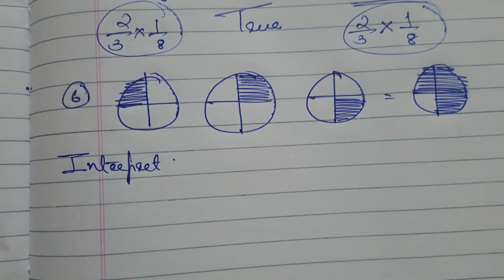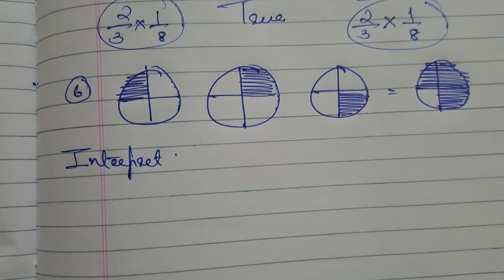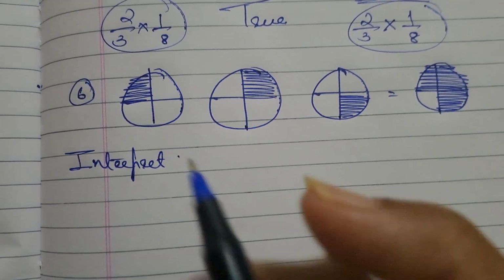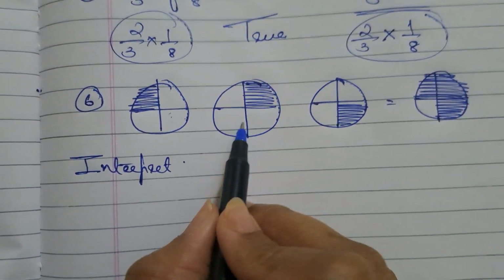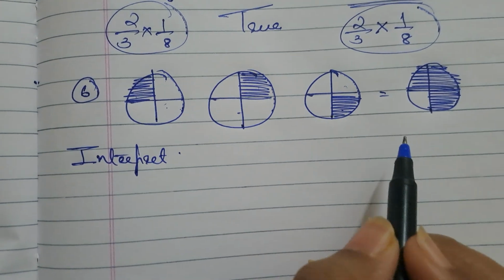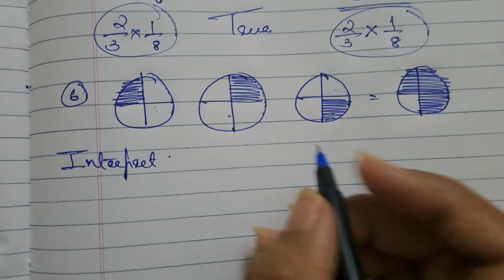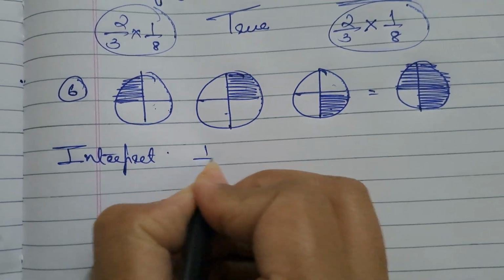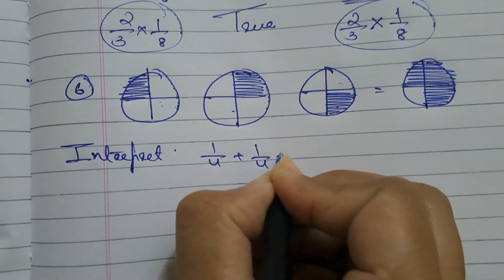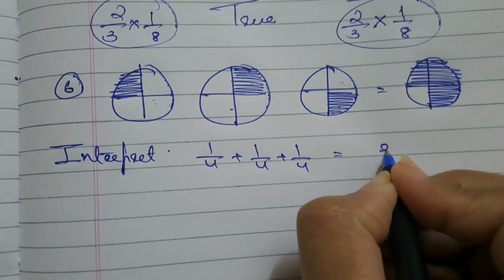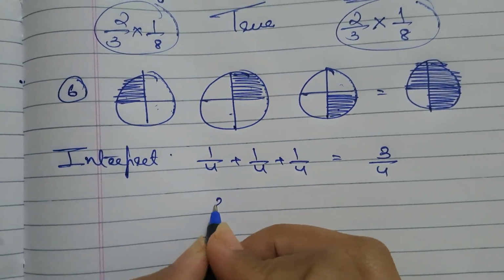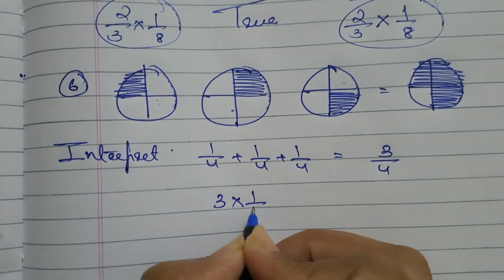Okay, now interpret means how am I going to do this? What's actually happening in here? 1 by 4, 1 by 4 and 1 by 4, 3 times is happening in here, isn't it? So 1 by 4 plus 1 by 4 plus 1 by 4 is equal to 3 by 4. When I do this, it becomes 3 times 1 by 4, isn't it?